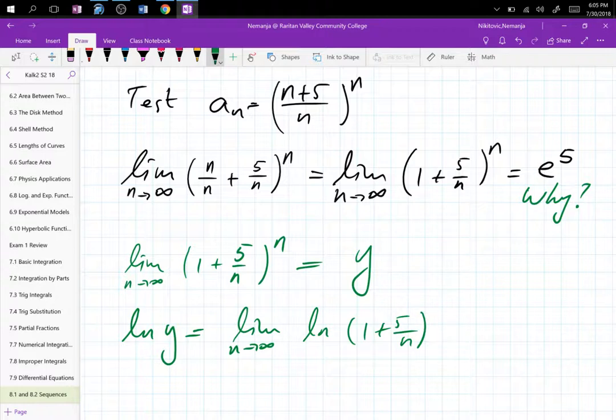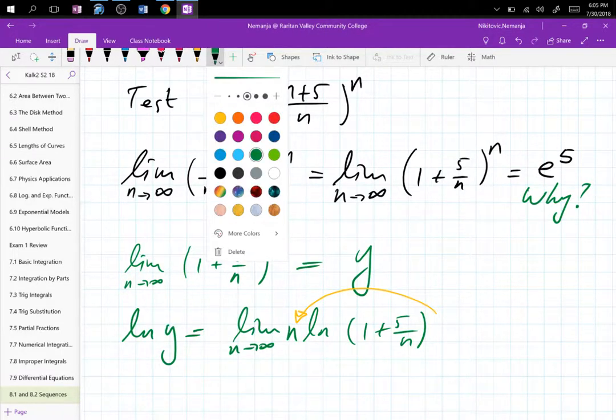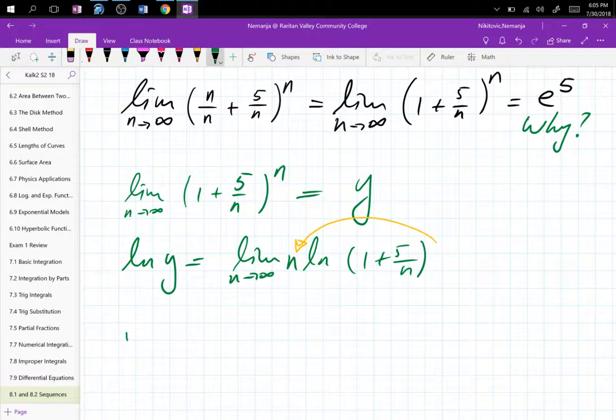And now instead of placing this n on top, we'll put the n in front, since that's the one that escapes in front when I add the logs. So now I have ln y is equal to the limit as n goes to infinity.